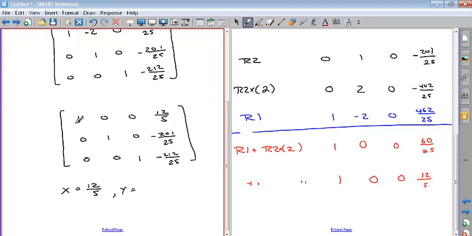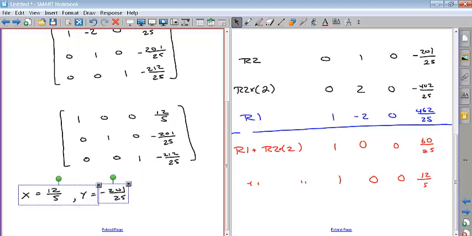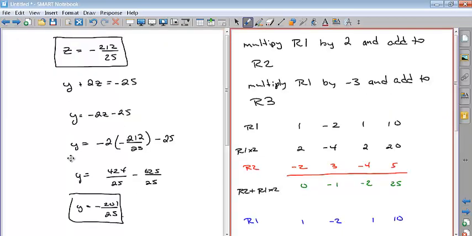So that's x plus 0y plus 0z is equal to that. I get 0x plus 1y plus 0z is equal to negative 201 over 25. And then my final answer is the z solution. Z is equal to negative 212 over 25. And you can see that's exactly what I got in the previous step.